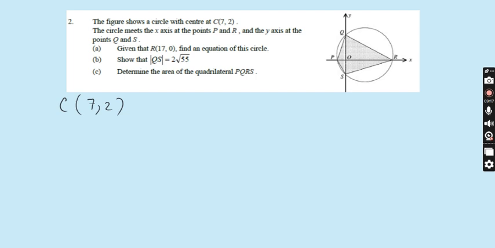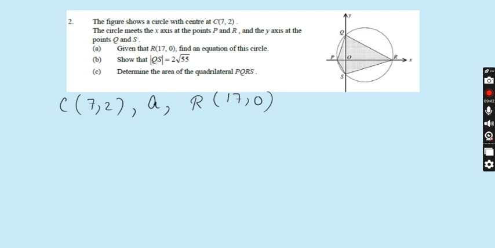The circle meets the x-axis at the points P and R, and the y-axis at the points Q and S. Part A. Given that coordinates of R is (17, 0), find an equation of the circle.